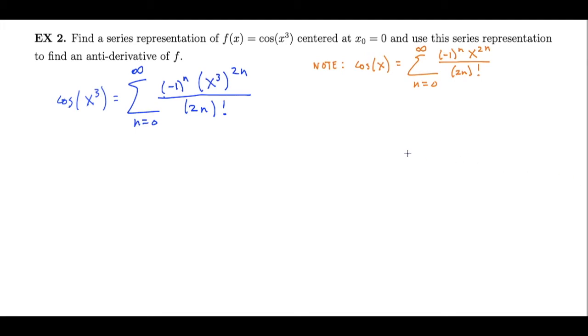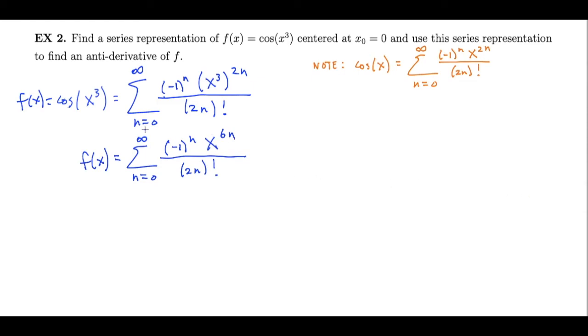And then if I want to, I can do a little bit of simplification here, simply distribute that exponent through. And then let me just remind myself that we've called this function little f of x. And now, as we demonstrated in the previous section, series representations can be differentiated, and therefore they can be anti-differentiated. So I can simply anti-differentiate this series representation of our function.